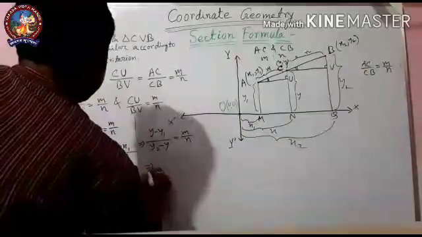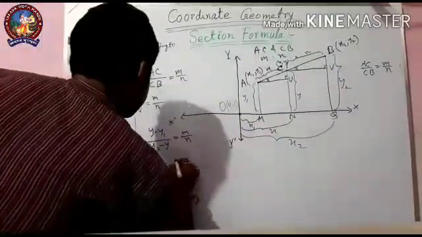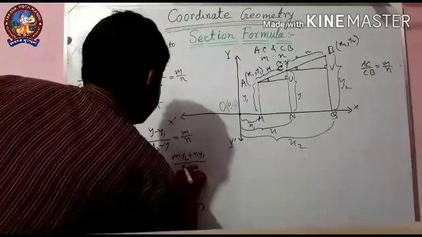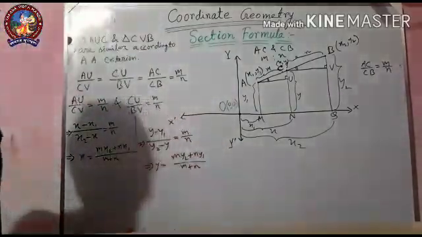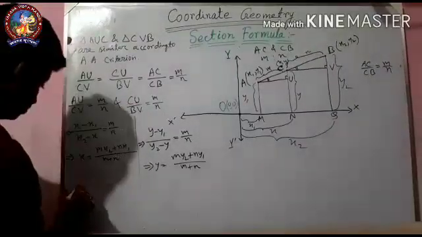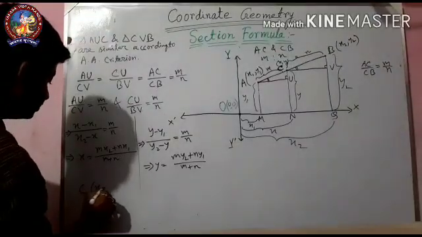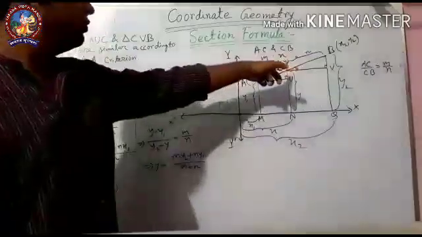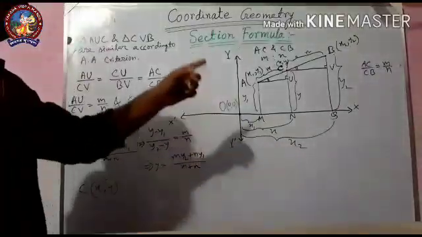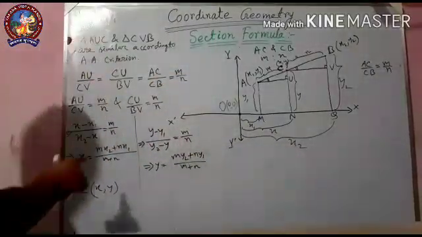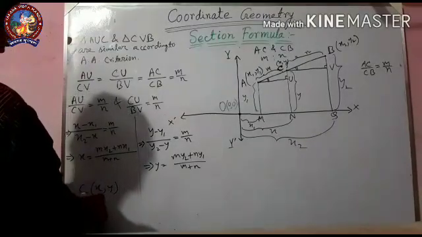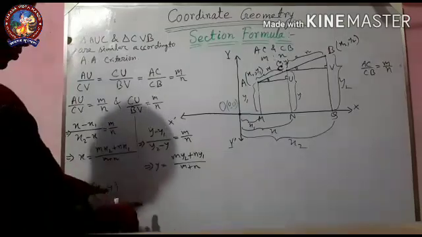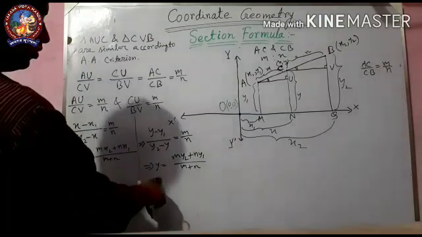From here we can get y equals (my2 plus ny1) by (m plus n). So the coordinate of the point C, where the line segment AB was divided into two parts in the ratio m:n, is (x, y), where x is the abscissa and the value of x is this, and y is the ordinate where the value of y is this.